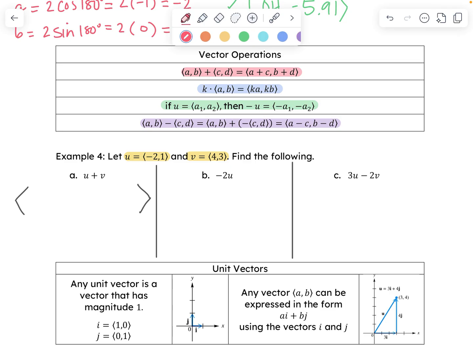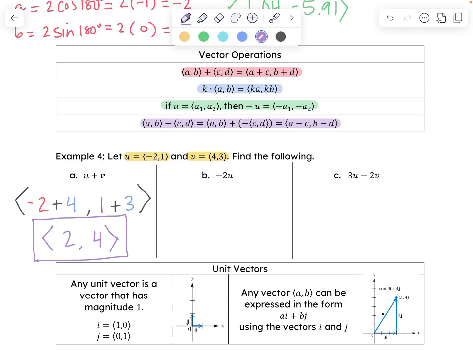So from u, for the first part, I would take -2, the horizontal part, and add it to the horizontal part from v, which is 4. Then to find my new vertical part, I would take the vertical part from u, which is 1, and add to it the vertical part from v, which is 3. So -2 plus 4 gives me 2, and 1 plus 3 gives me 4. So that's my new vector, 2, 4.